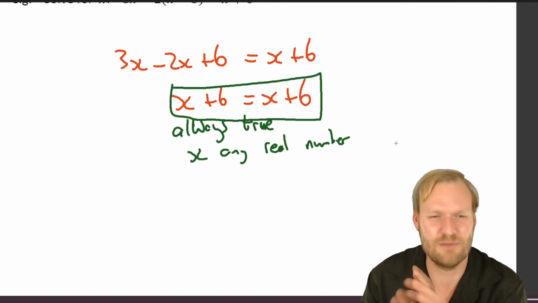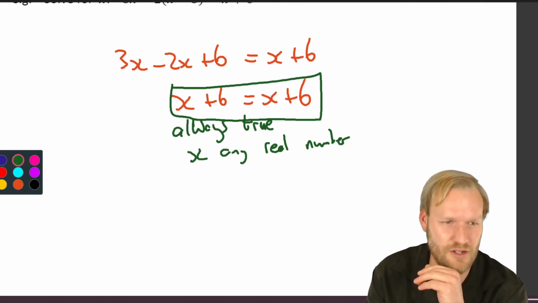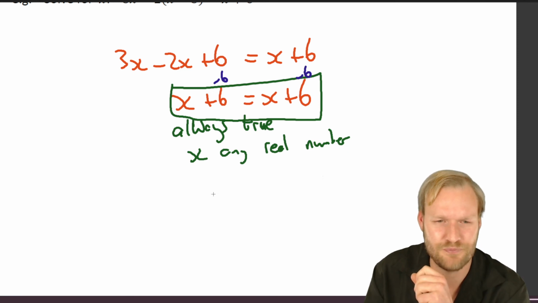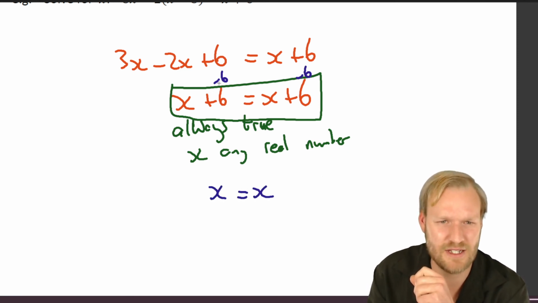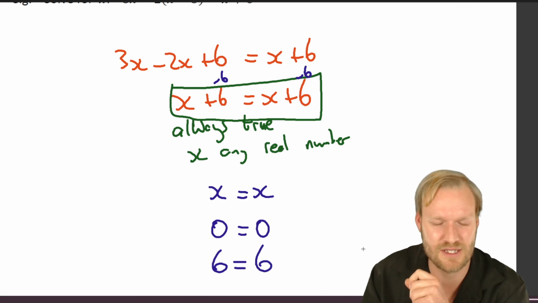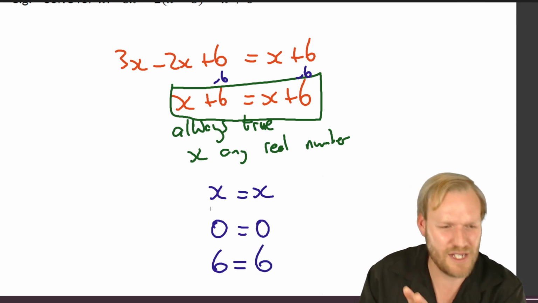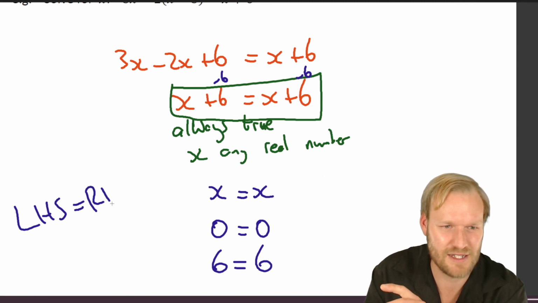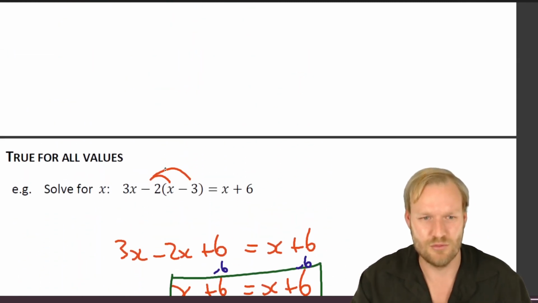But maybe you kept on solving your equation, because this often happens, and you went, okay, I'm going to subtract 6 from each side of my equation. So I've got x equals x. Or I'm going to subtract x from each side of my equation. I've got 0 equals 0. Or you subtracted x and you had 6 equals 6. The point is, you've got something that says the left-hand side equals the right-hand side. Whoa.